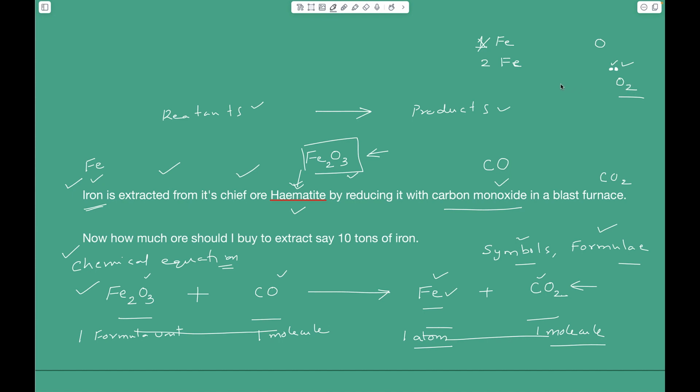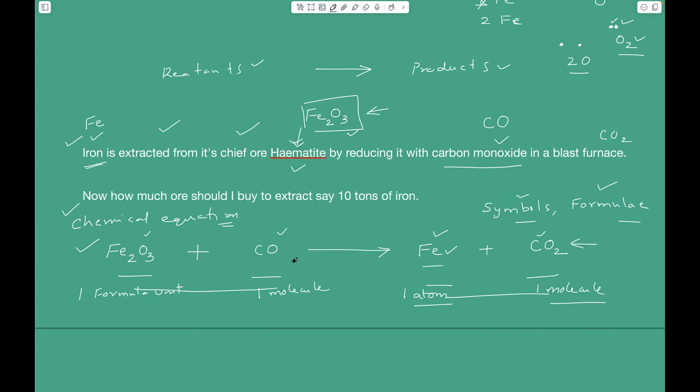But for any reason, if you have to represent two separate oxygen atoms that are not bonded to one another, then you have to represent it by 2O. So 2O and O2 do not mean the same. O2 means one molecule of oxygen in which two oxygen atoms are bonded to one another. 2O means two separate independent oxygen atoms. So pay attention to this.